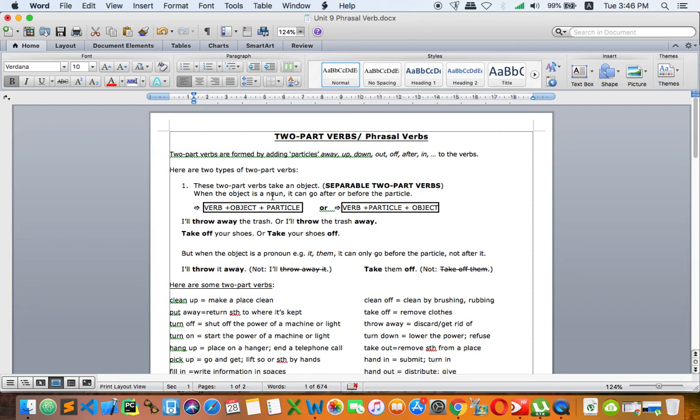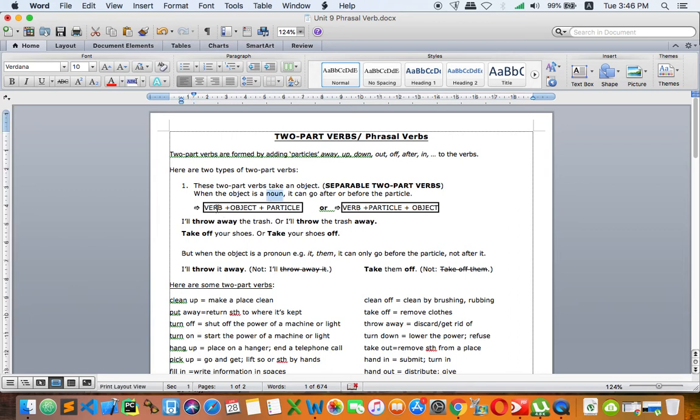So let's go through the separable. Why is it separable? Two-part verbs take an object. When the object is a noun, it can go after or before the particle. Of course it's a noun, right? But let's take a look at the form here.